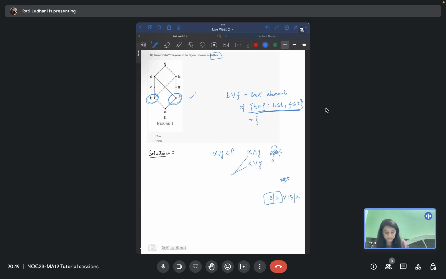C, ma'am? B is related to C, but there is no connection between C and F. T should be bigger than F, so there should be a relation. So you check: C is not related to F. Also we can't say G. Again, you cannot take G. Take D, because there is a relation between both of these.